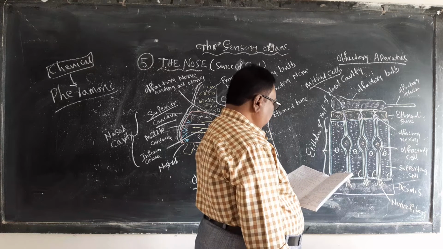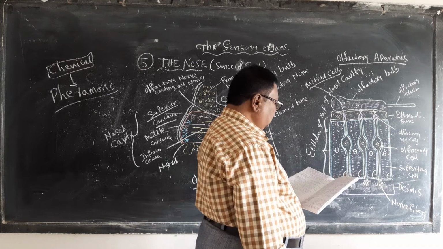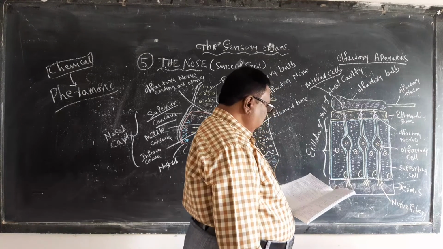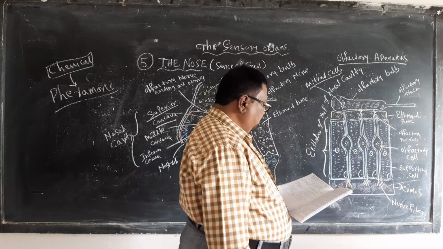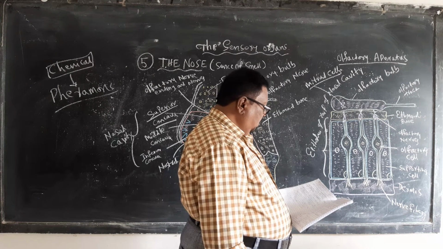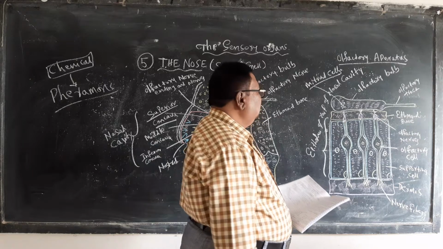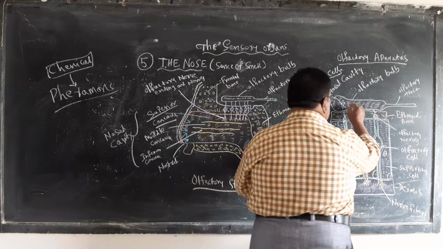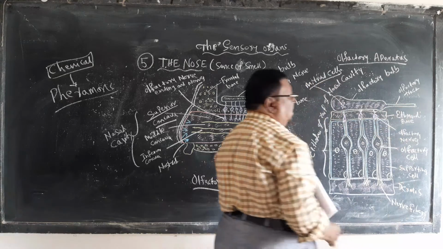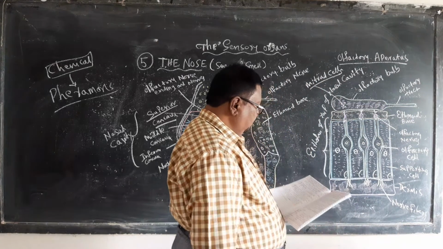The axons of the mitral cells form the olfactory tract.